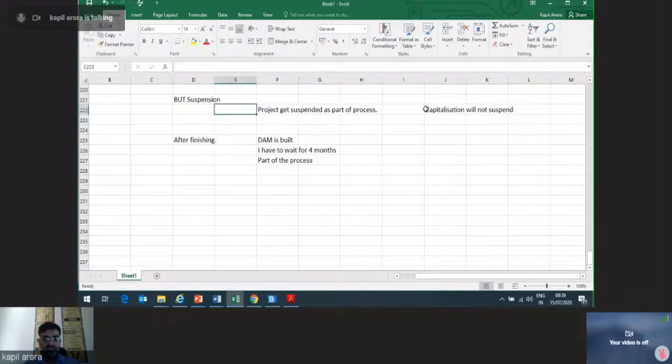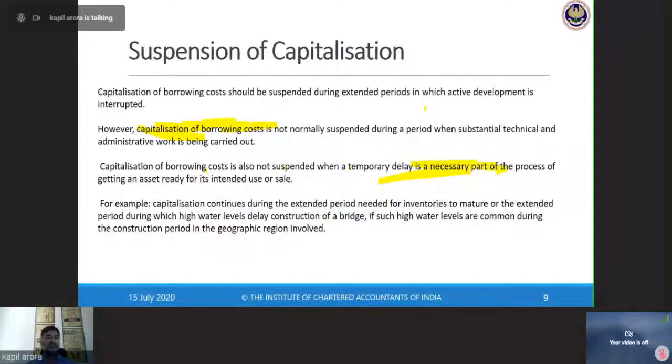Second, it could be the capitalization of borrowing cost is not normally suspended if any technical or admin work is being carried out.